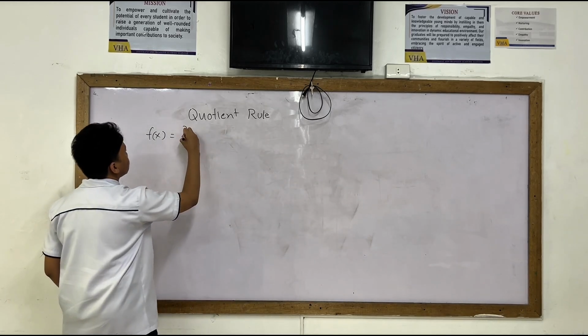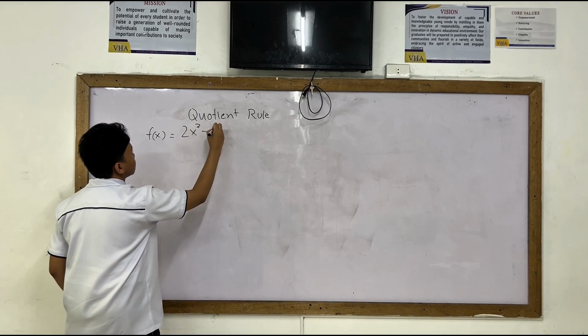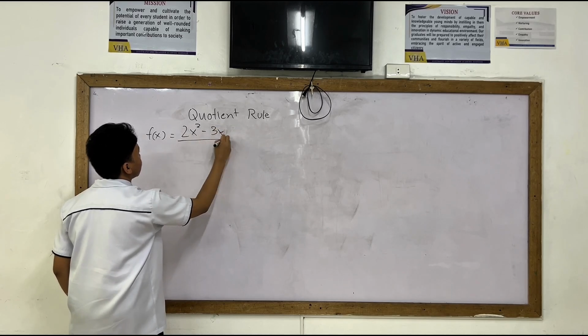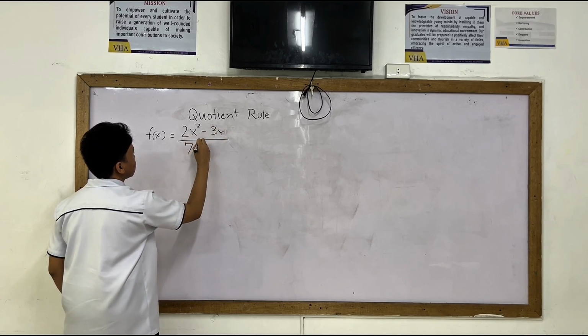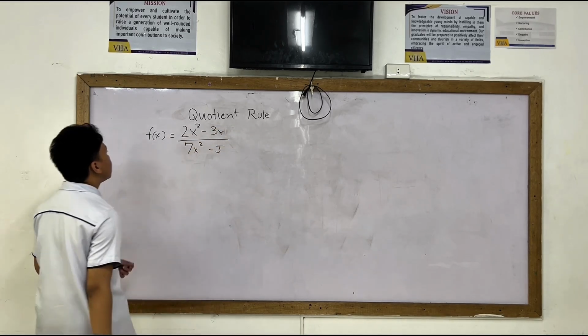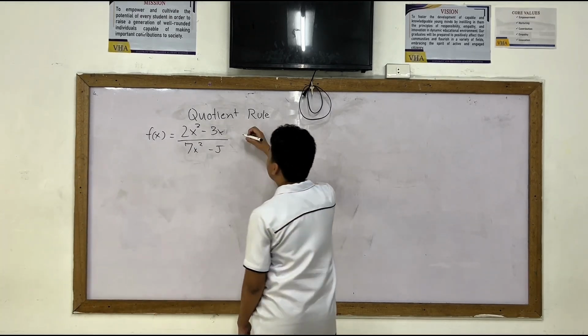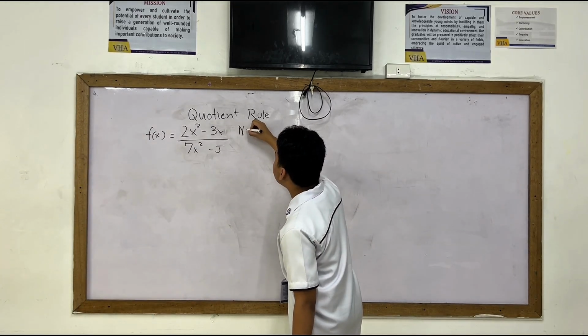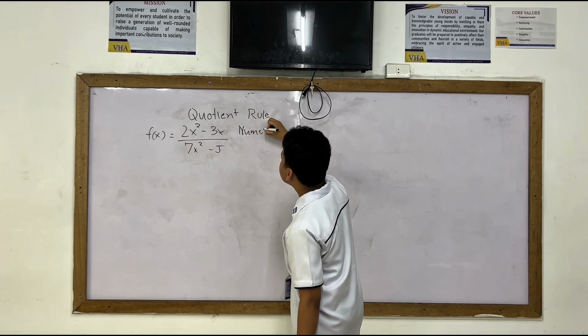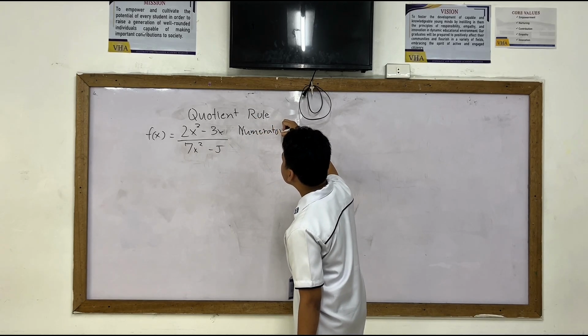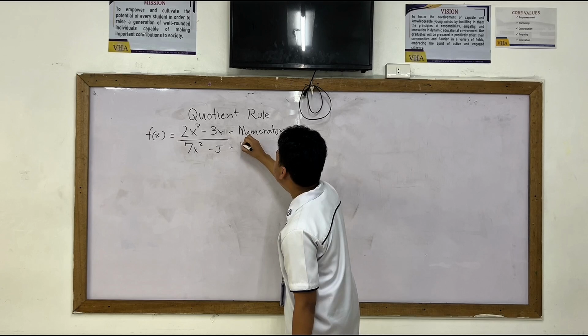For example, 2x squared minus 3x over 7x squared minus 5. First, we understand that this is our numerator and this is our denominator.